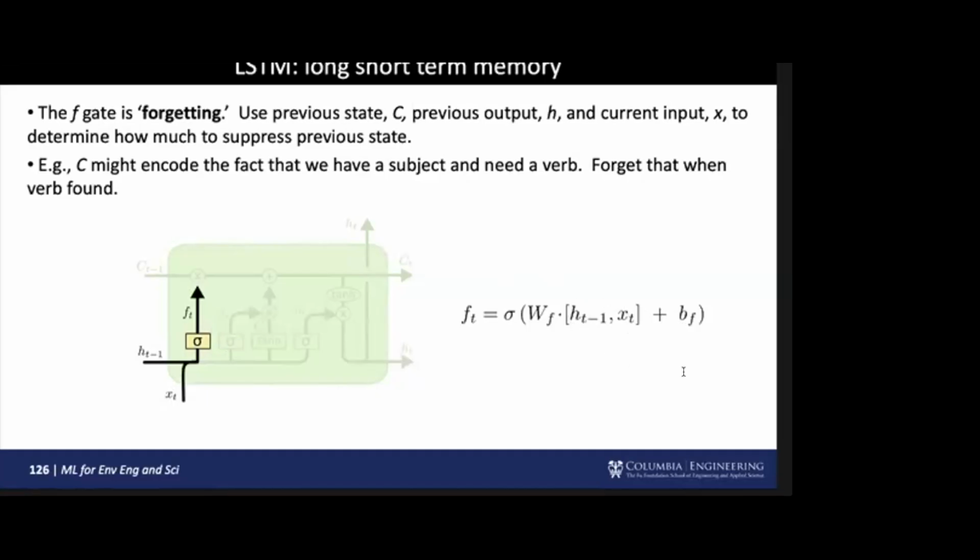For example, if the cell state was remembering that we have a subject in a sentence, it might forget that information once it finally finds the matching verb. Mathematically, it uses a sigmoid layer, sigma here, to output a value between 0 and 1. Of course, 1 keeps everything and 0 forgets everything, right?